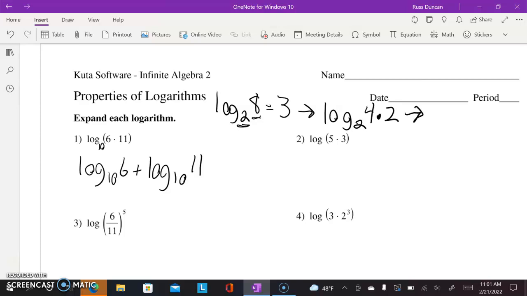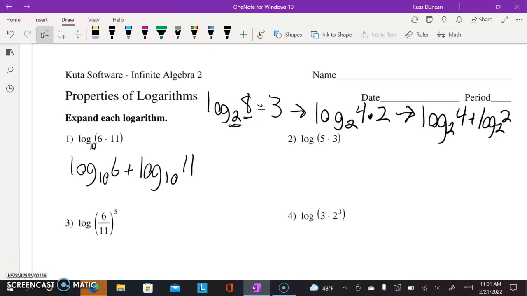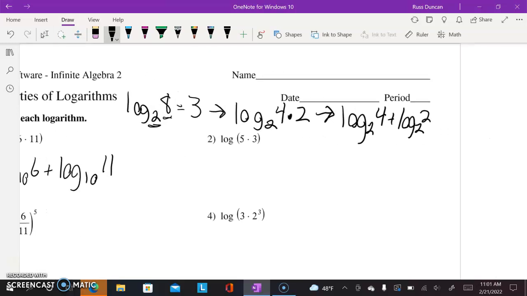So if I use my log rules that I just said, log base 2 of 4 plus log base 2 of 2. Okay? I'm going to slide this over just a bit. Well, what is log base 2 of 4? 2 to what power gives me 4? The answer is 2. 2 to what power gives me 2?